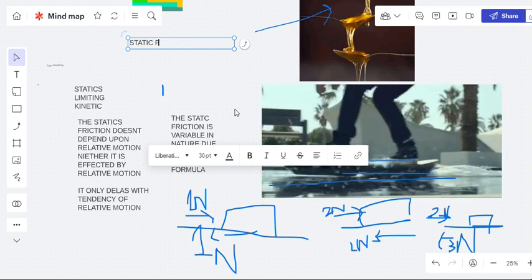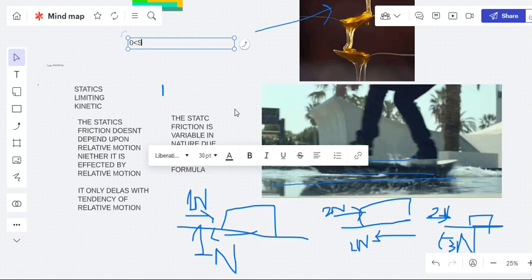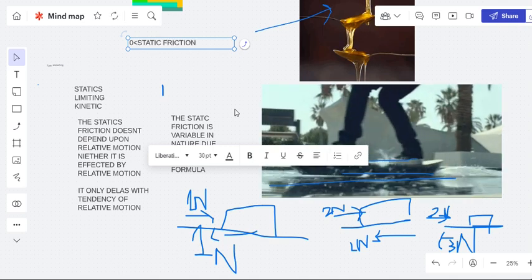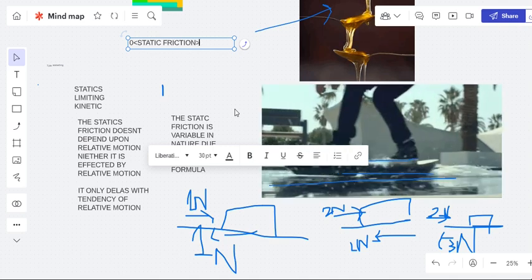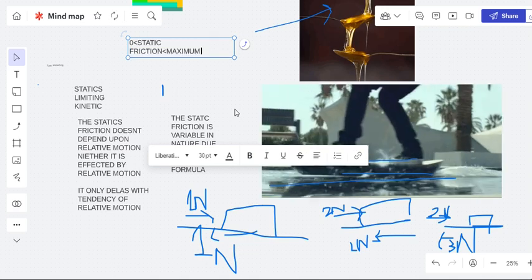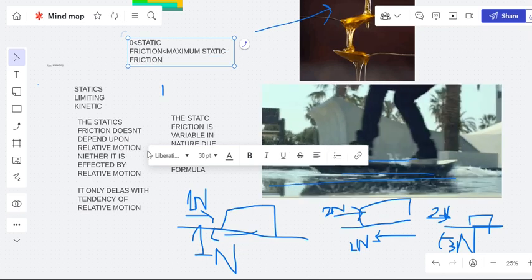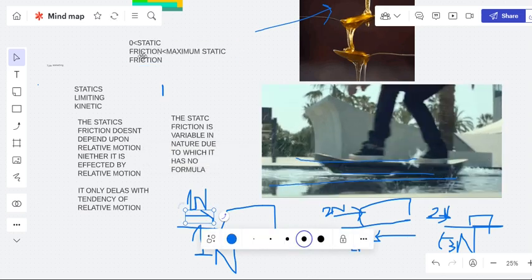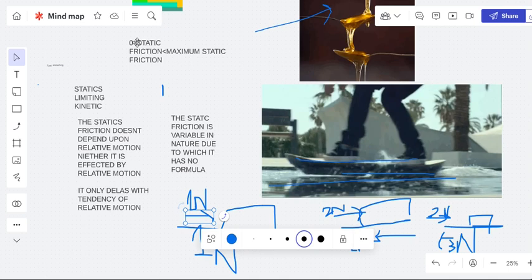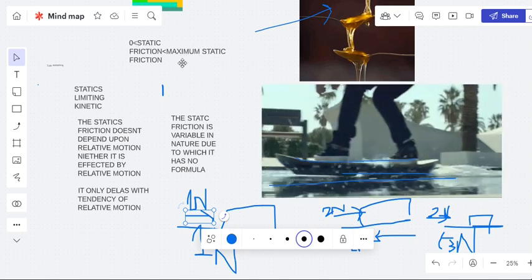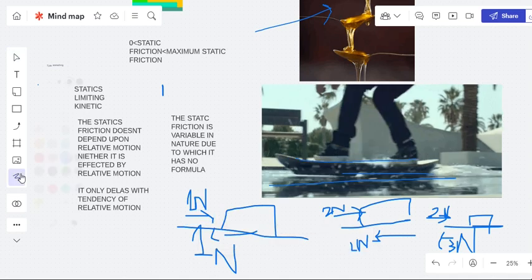Static friction is greater than 0 and less than maximum static friction, which is later on known as limiting friction. This is the equation that we have to follow. Static friction is greater than 0 but less than maximum static friction, later on known as limiting friction, right?